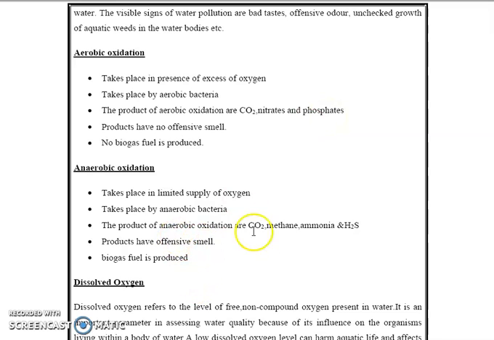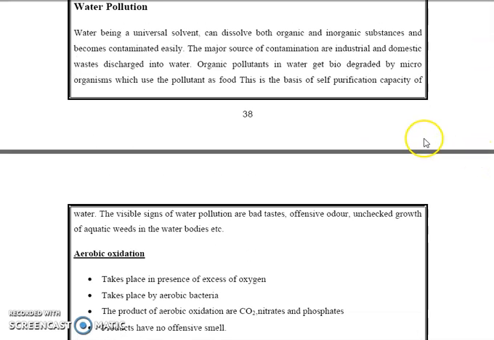The products of anaerobic oxidation are carbon dioxide, methane, ammonia, hydrogen sulfide. These have an offensive smell. Aerobic oxidation gives no biogas fuel. Anaerobic oxidation gives biogas fuel, whose main composition is methane. These are the differences between aerobic and anaerobic oxidation.